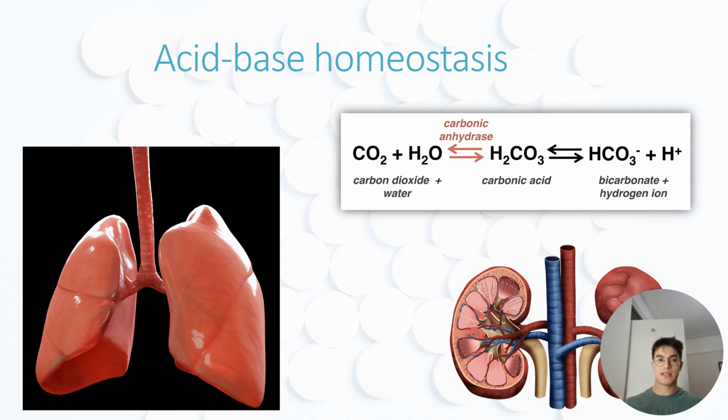So let's say, for example, that very, very suddenly and very quickly, the carbon dioxide in the blood increases really dramatically. What does that mean? It means that the equilibrium is going to shift. So now we're going to have the carbon dioxide and water, and more of that is now going to become the carbonic acid, of which more is going to dissociate and give us protons.